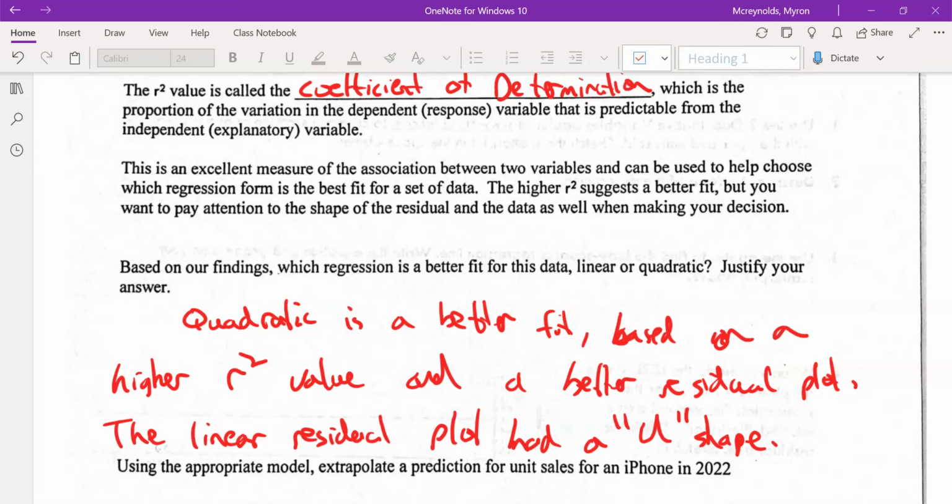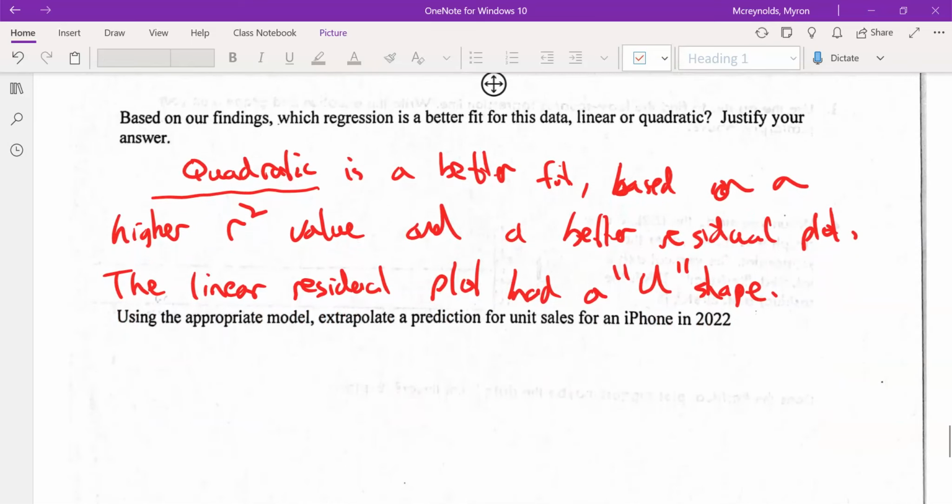All right, so we've chosen our appropriate model, which is the quadratic, and they want you to extrapolate a prediction for unit sales in 2022. So we're going to use the quadratic regression formula.